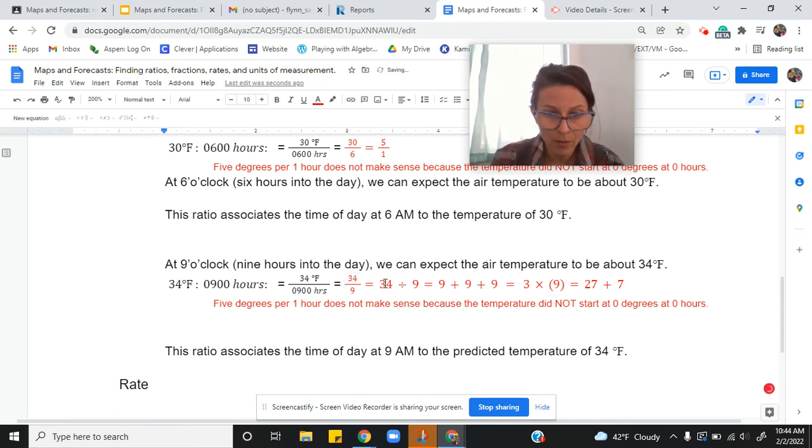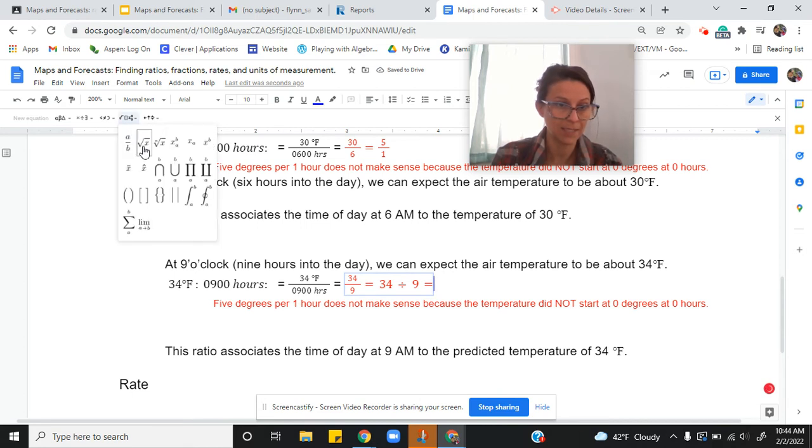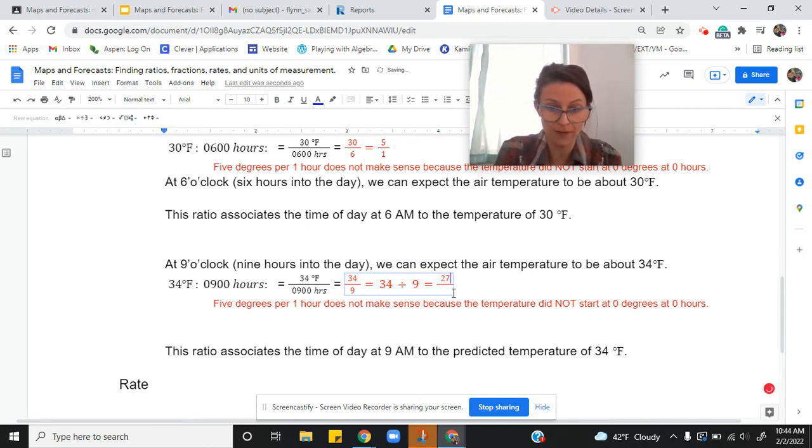Okay, so what I need to write here is that 34 divided by 9 is the same thing as 27 divided by 9 plus 7 divided by 9. Because if you see 27 plus 7 makes 34. Okay, well, I can simplify 27 ninths to 3, and I have 7 ninths left over.